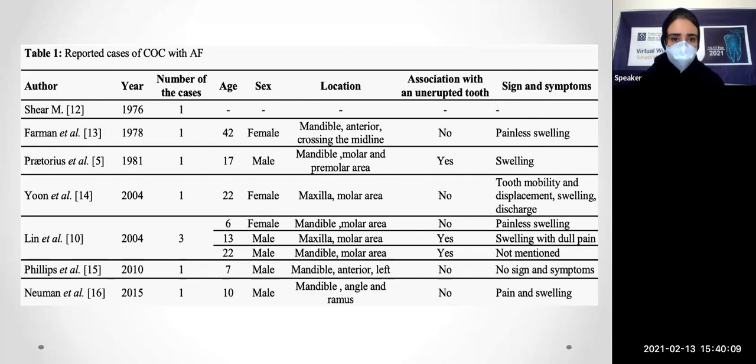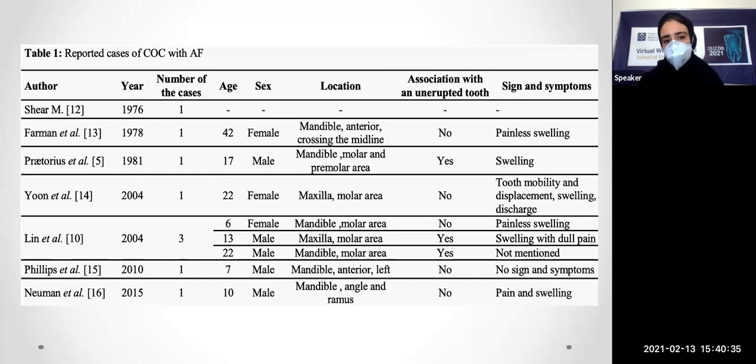And I found a good review literature written in 2016 that showed few cases happened in males in the posterior area of the mandible, with a tendency to the mandible, and some of them showed symptoms equal to our patient.